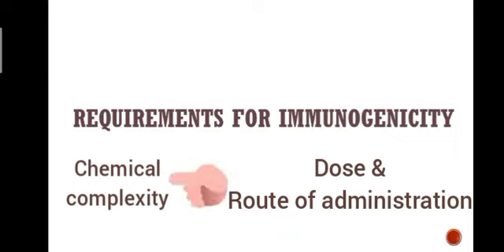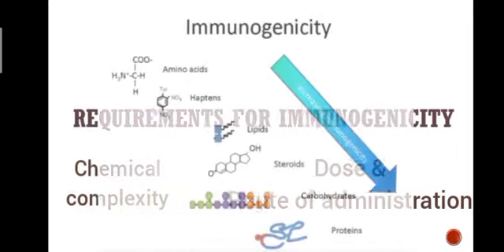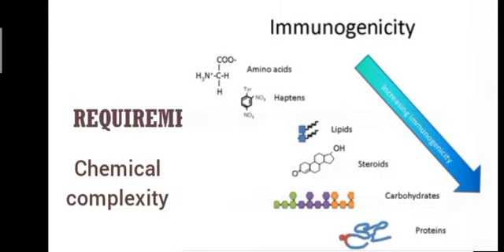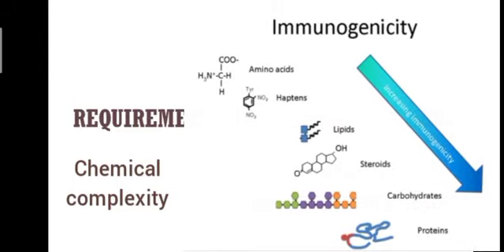The third characteristic necessary for a compound to be immunogenic is a certain degree of chemical complexity. For example, homopolymers of amino acids or sugars are seldom good immunogens regardless of their size.